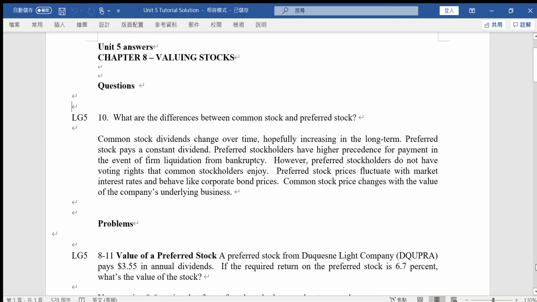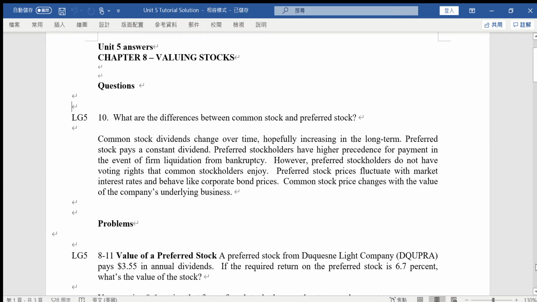That's why it can be increased or decreased, or even not paid, by management decisions. But for preference share, the dividend is fixed and the amount won't be changed, which is very similar to a bond. That's why the shareholder will receive the fixed amount of dividend every year or every semi-annual, and that's the difference between the two.